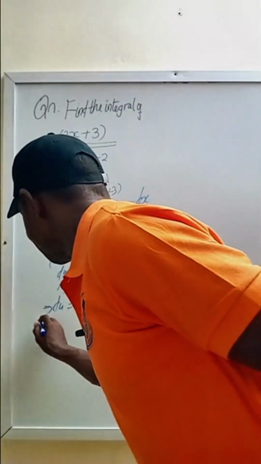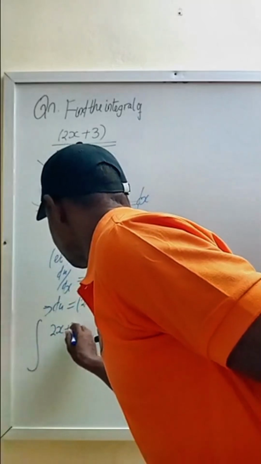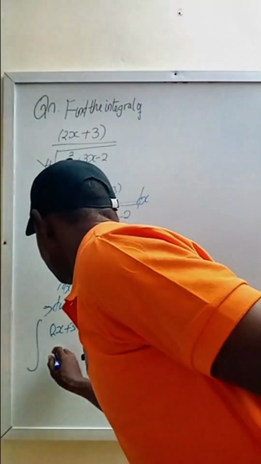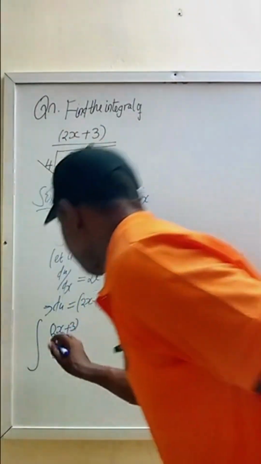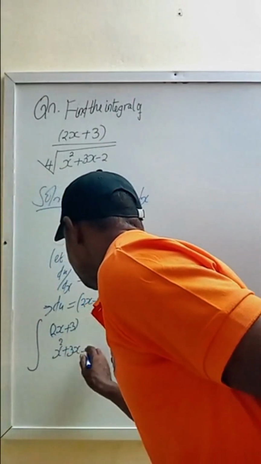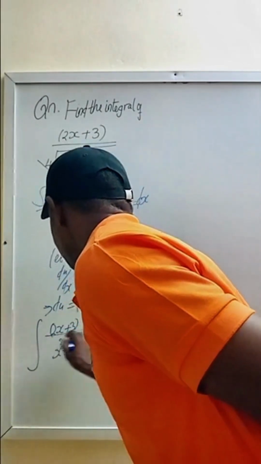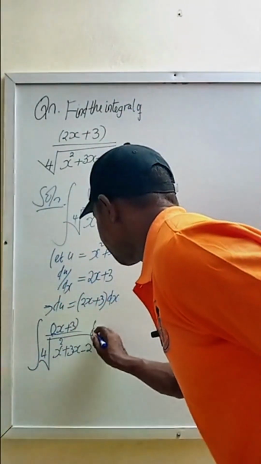Now we integrate. We bring down our integration of 2x plus 3 in brackets. Let's leave it aside, let's copy the question: x squared plus 3x minus 2, we're dividing, then we take the fourth root of that. We are integrating with respect to x.